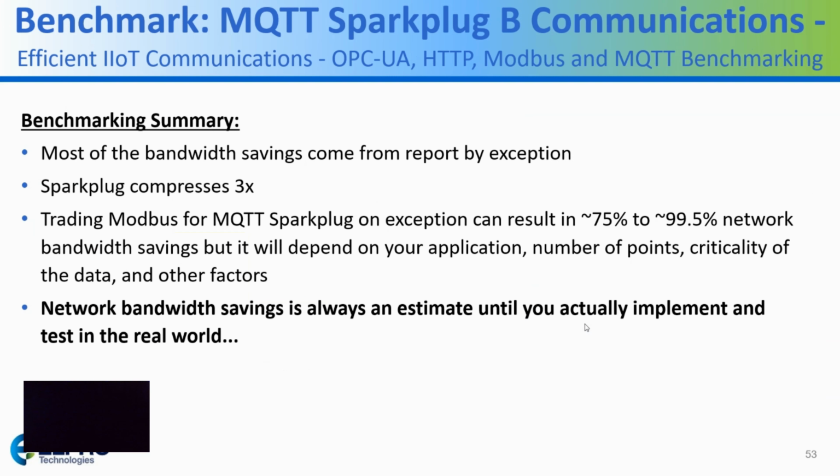So in summary, the bandwidth is much lower when you're just sending the data when it changes. It also improves it even more because you're compressing it by 3. So the result is a much more efficient network, up to 99.5%.